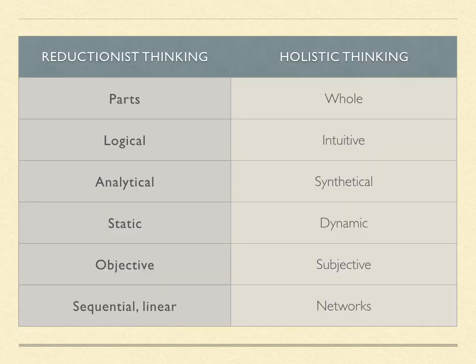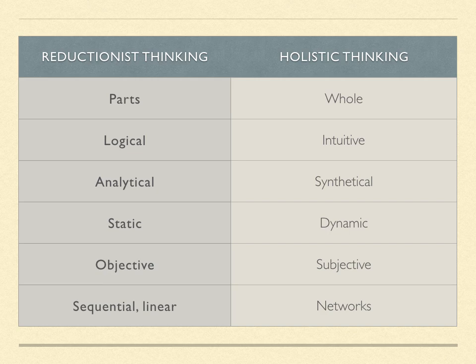When we look at modern thinking, which we could describe as materialistic, reductionistic, we can see that it's very different from naturopathic holistic thinking. So in the reductionistic world, we only look at parts. And basically, if we zoom in on each part and fully understand each part and how it interacts with another part, then we can understand the whole.